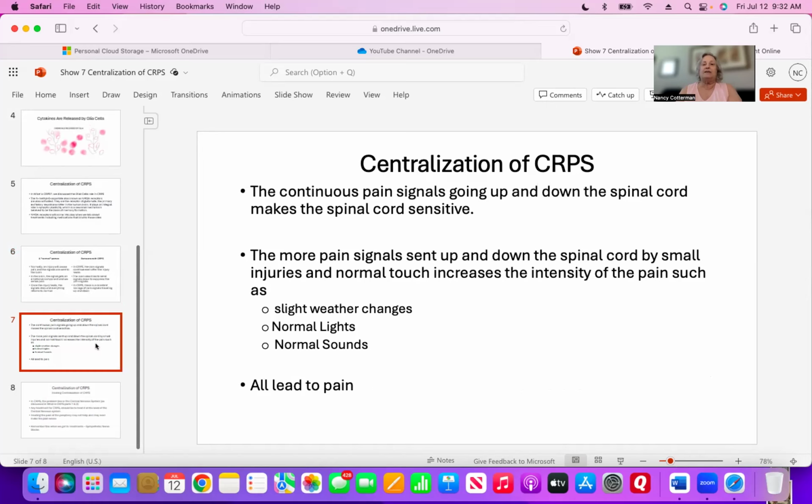The more pain signals sent up and down the spinal cord by small injuries or normal touch, the greater the intensity of the pain, such as slight weather changes, normal lights, normal sounds. They all lead to pain in the CRPS patient.